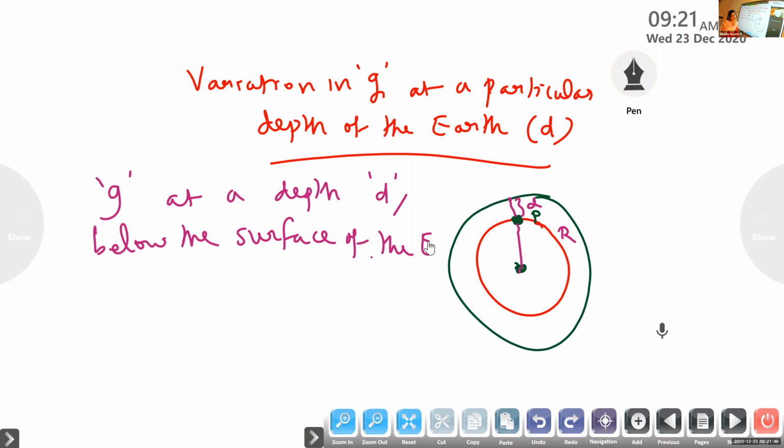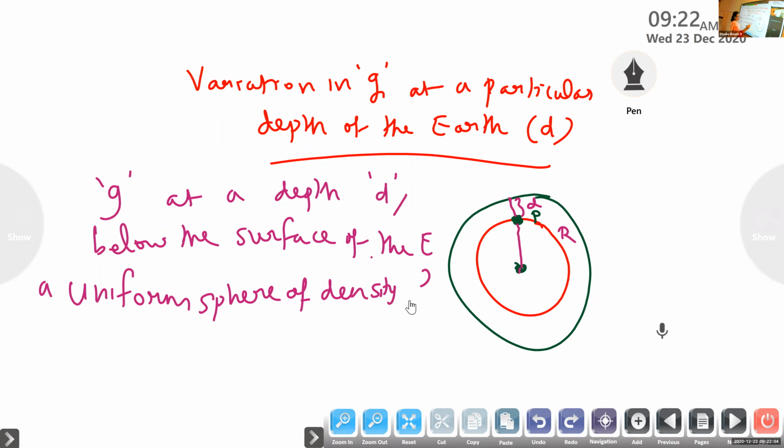assume the earth to be a uniform sphere of density rho and radius R. So we consider a point A here and point P inside.